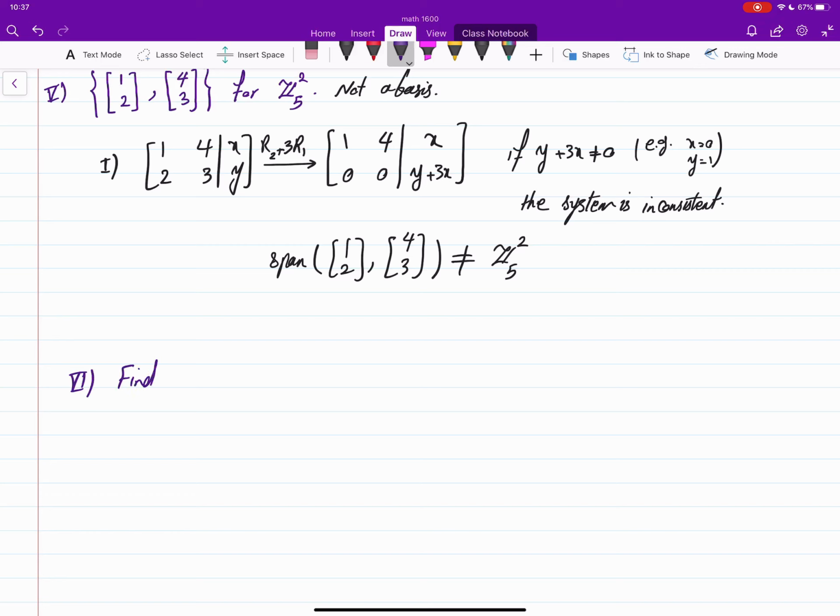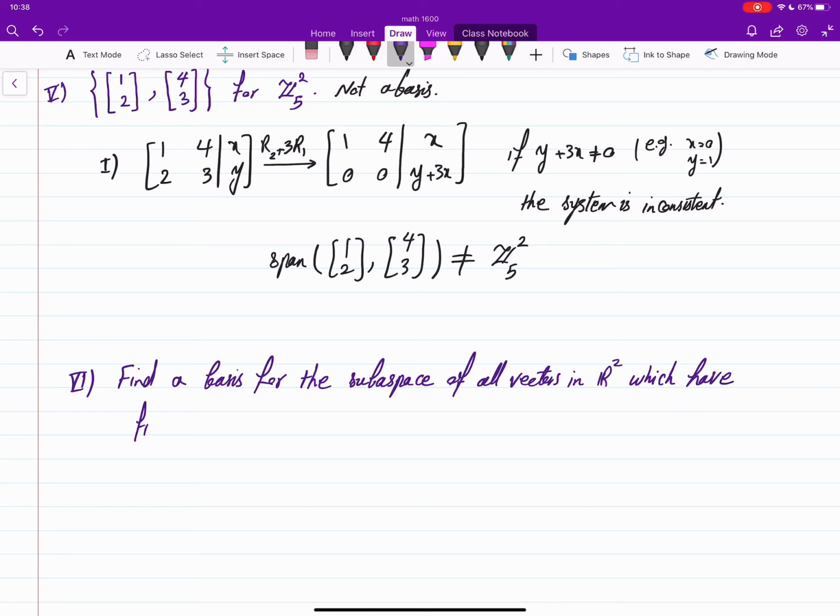Find a basis for the subspace of all vectors in R2 which have the first component twice the second one.